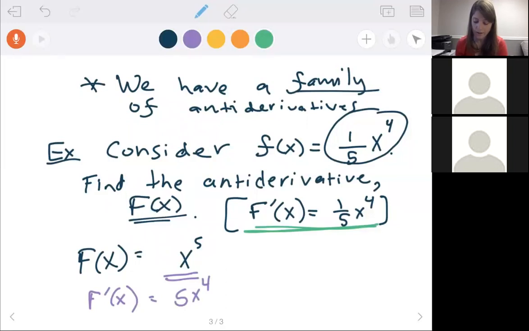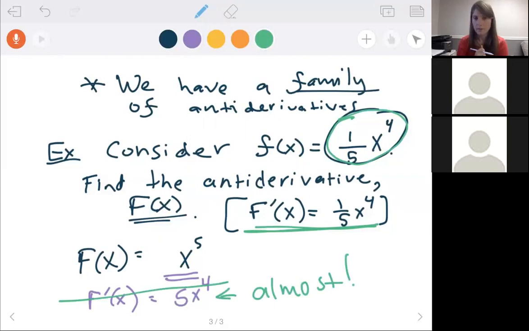We are trying to find the antiderivative, or the function whose derivative is 1/5 x to the fourth. So this is almost there, but not quite, right? It doesn't work, but it almost works. What we really want is a 1/5 instead of a 5. So in this case, think about how you would make that transition.